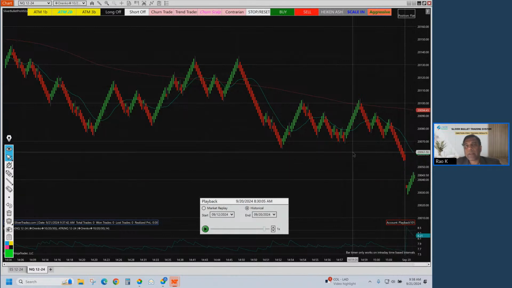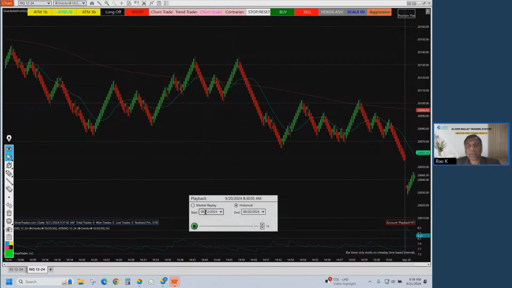So my bias is to go on the short side. So I'm going to go short, and I'll use a particular strategy called churn scalper, and I'm going to turn the software on and see how it takes trades automatically.